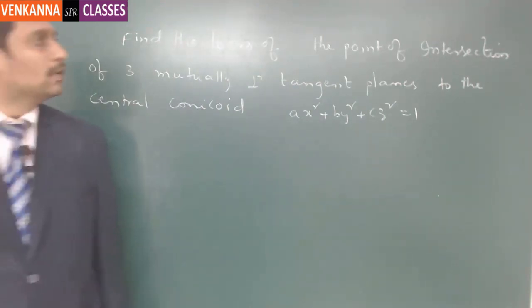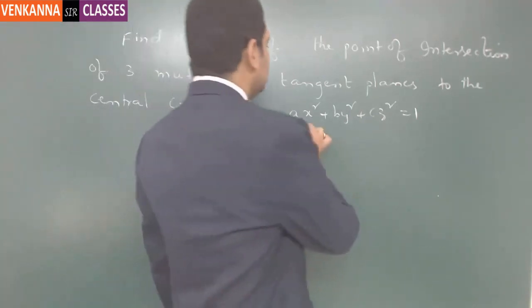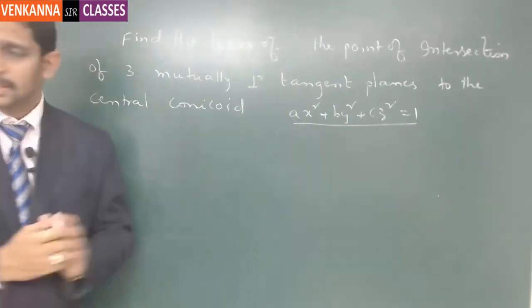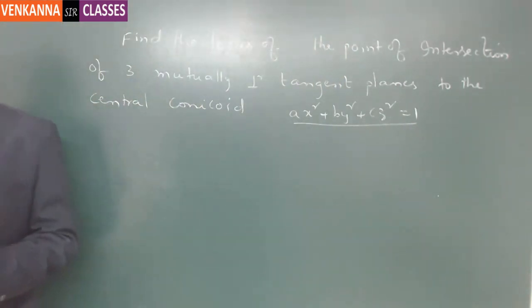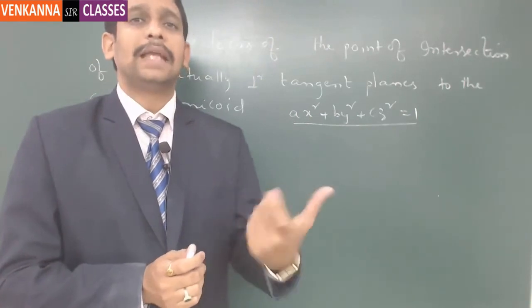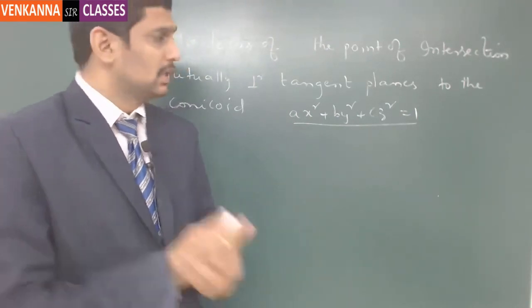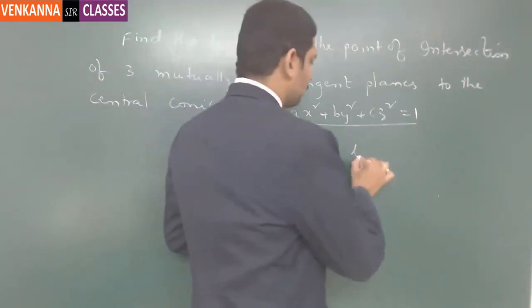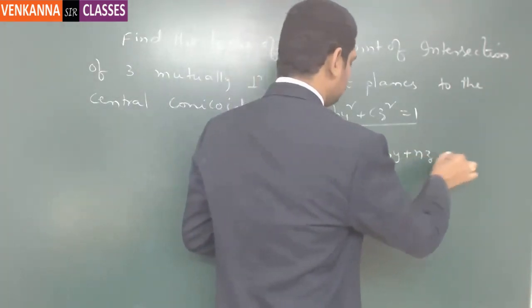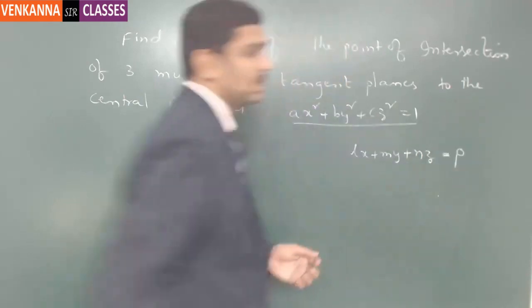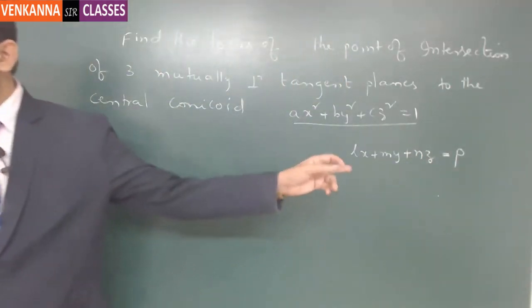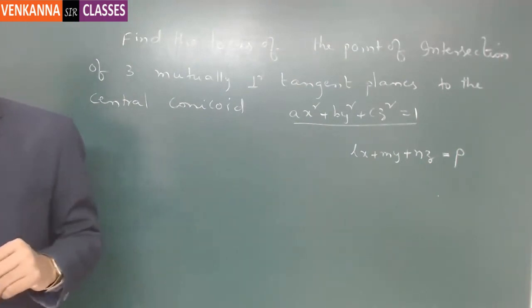So this is our given conicoid. In the previous class, we know how to consider the tangent plane equation. Generally, we write it as Lx plus My plus Nz equal to P, where P stands for the distance.